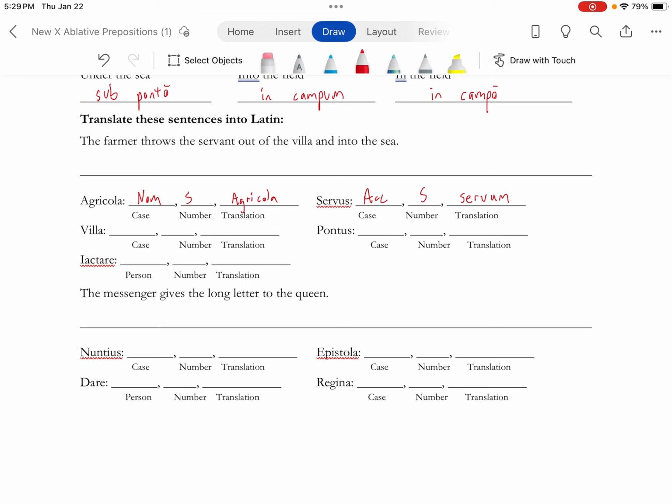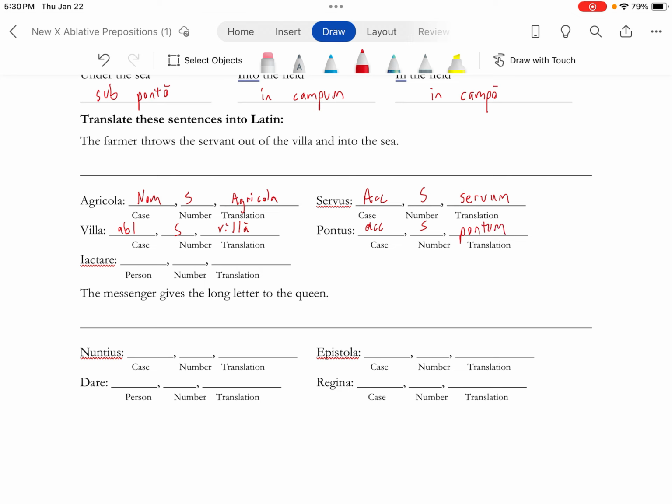All right, out of the villa, prepositional phrase moving away from, so that's going to be ablative, singular, make that a long. Pontus, into the sea, moving towards, so that's going to be accusative, singular, that US becomes a UM.